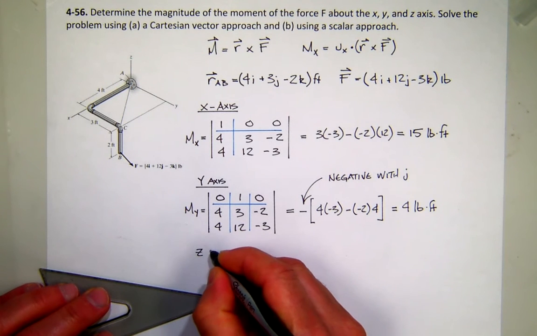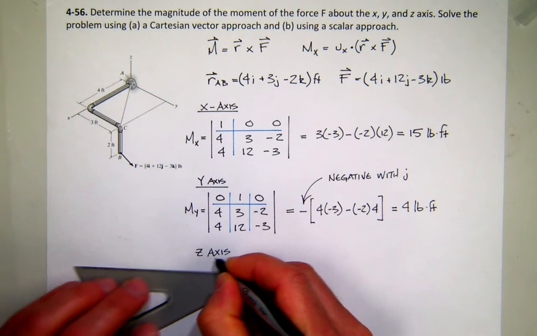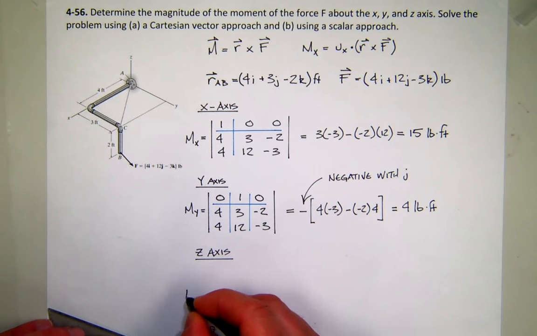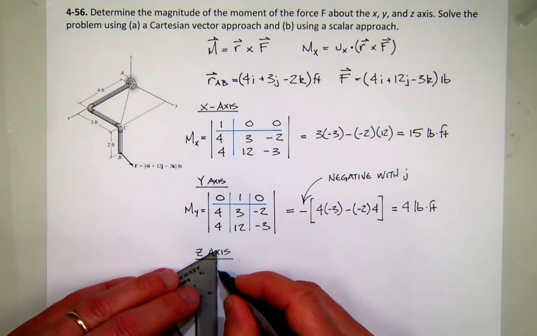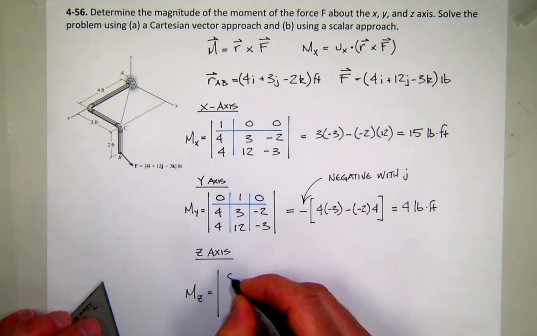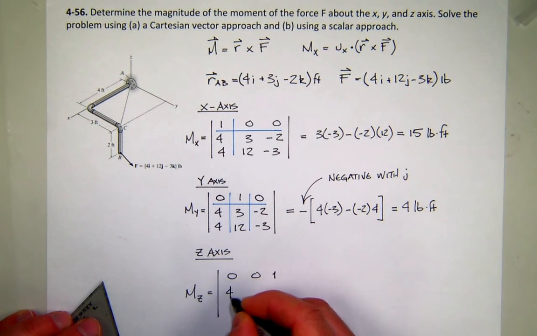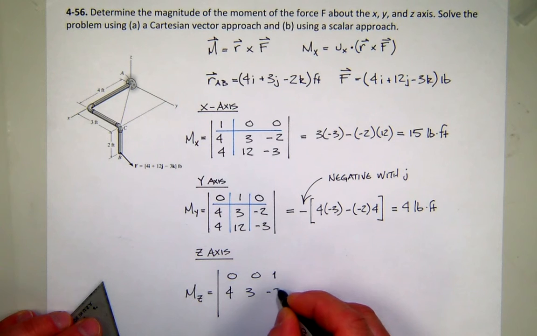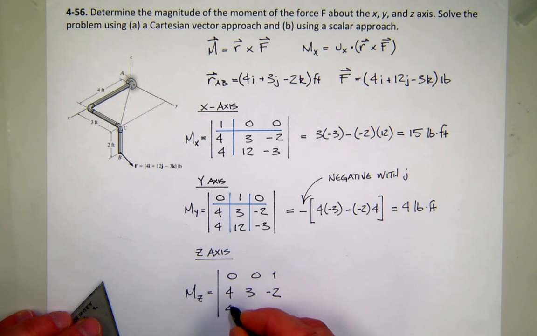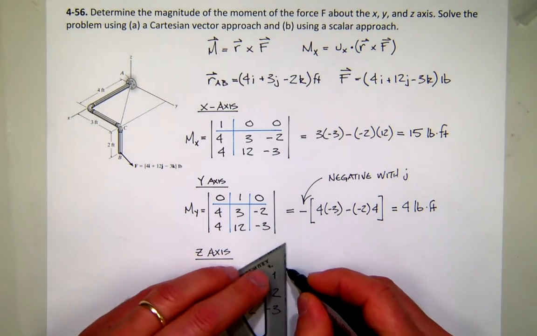And then the last one, the z-axis. So the moment about the z-axis, our determinant will look the same, except it will be 0, 0, 1. Our position vector 3, 4, minus 2. Our force vector 4, 12, minus 3.